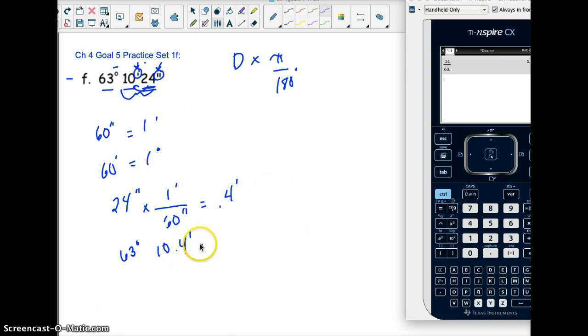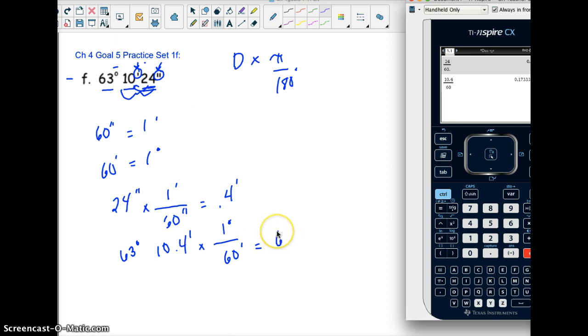So I'll multiply 10.4 by 1 degree over 60 minutes. And let's see what we get there. 10.4 divided by 60 is 0.173.